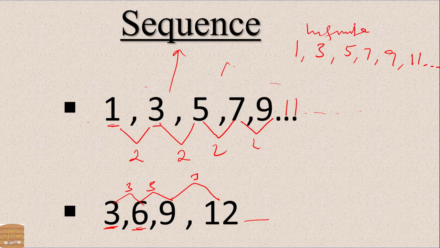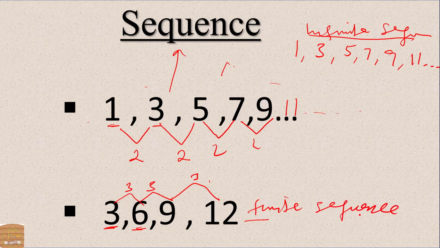Just as we have finite set and infinite set, the same thing applies here. The next one has an end; there are no three dots in front of the last number. So this one is called a finite sequence. So we have finite and infinite sequences.